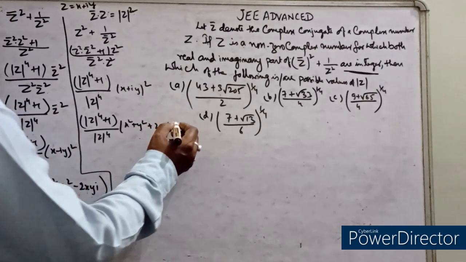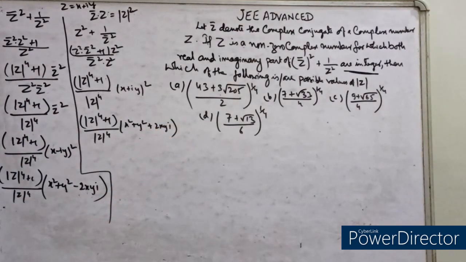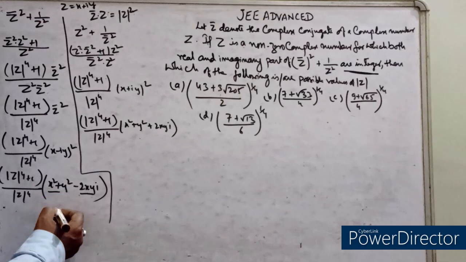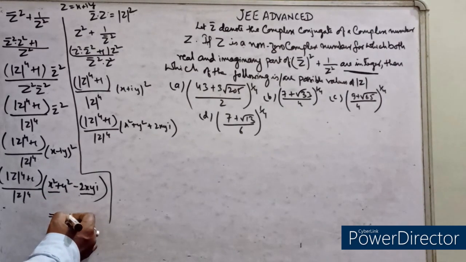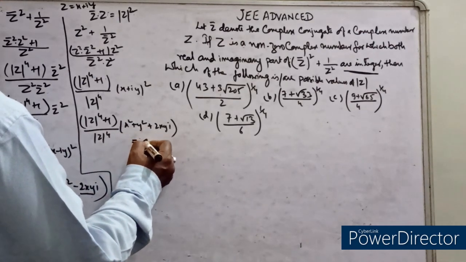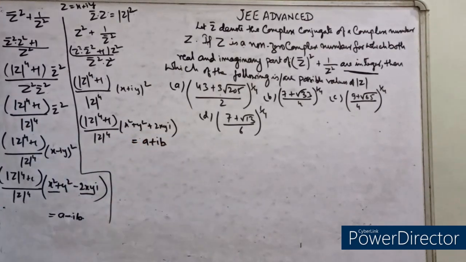Here you can treat one part as A and the other as B, so you can treat this as A plus iB. Because these are all magnitudes, you can easily treat this as A minus iB, and here as A plus iB. So this is the conclusion I got here.